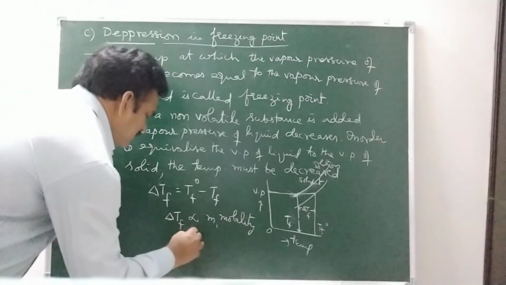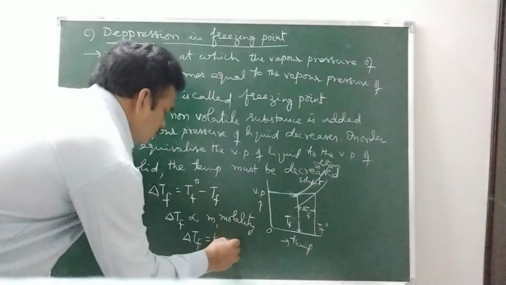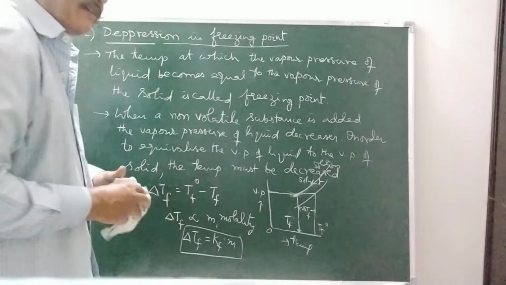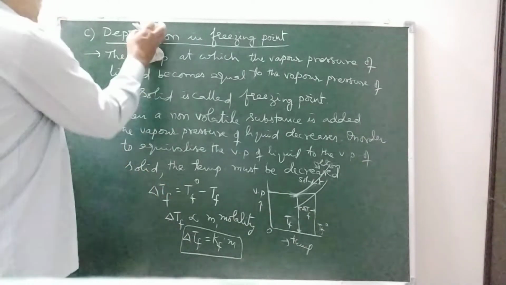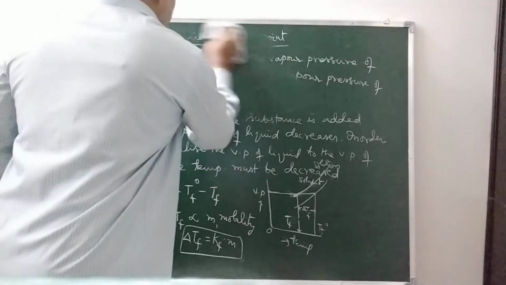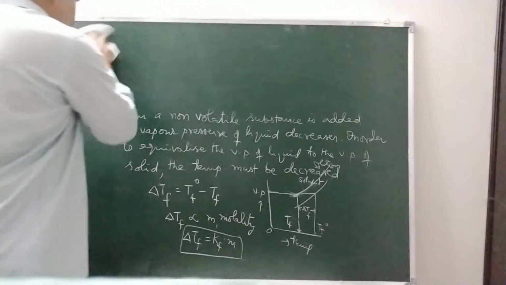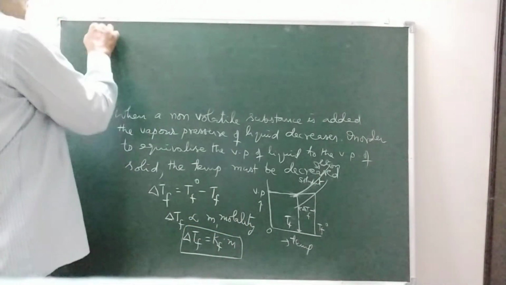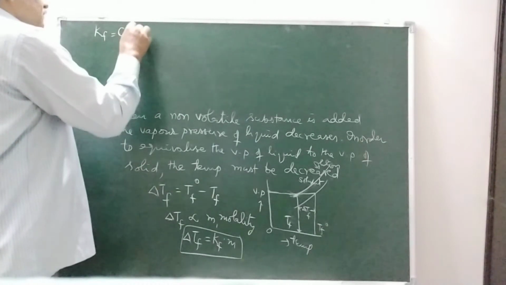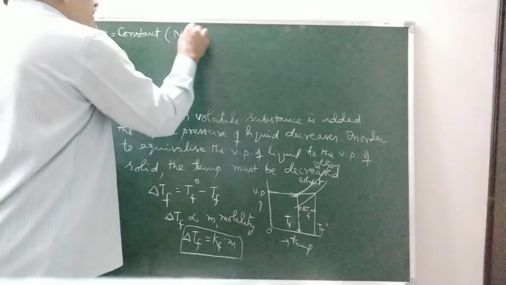Or delta Tf is equal to Kf into m, where Kf is the proportionality constant. This Kf is called the molar depression constant.